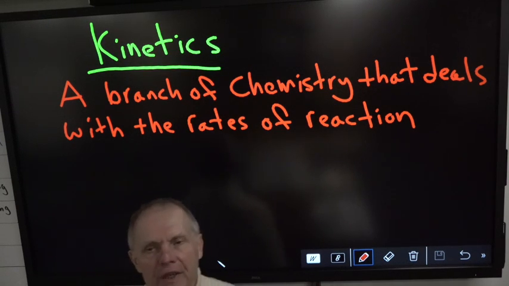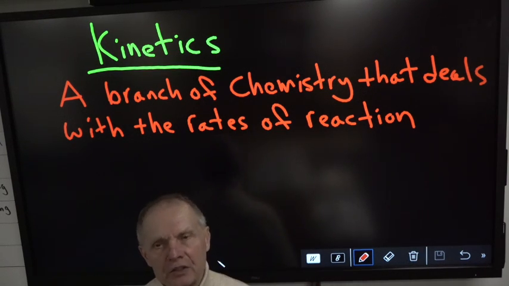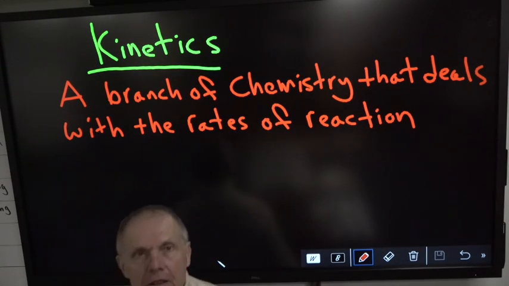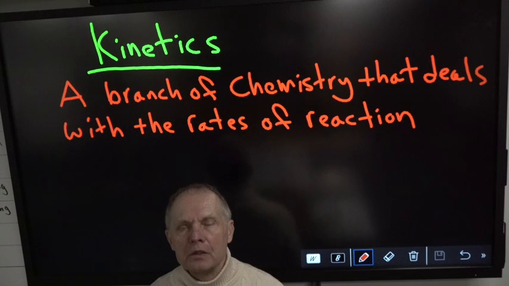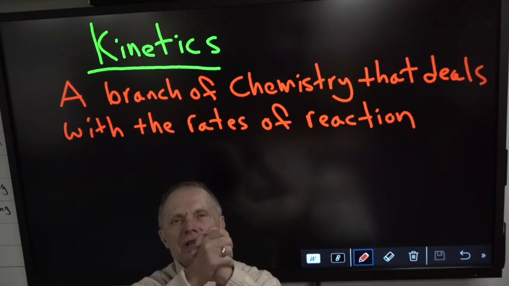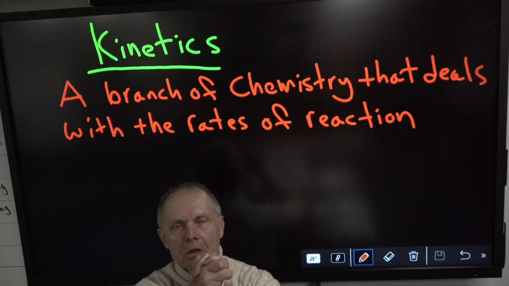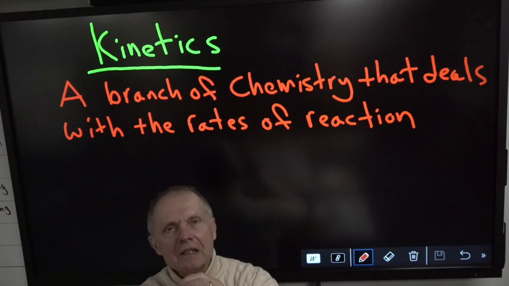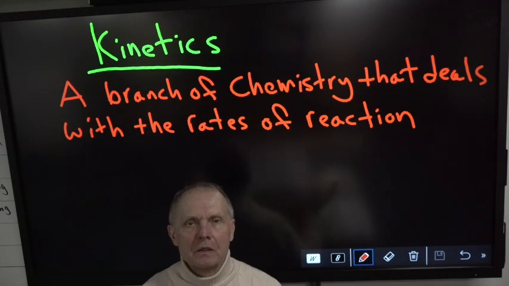Now, before we talk about the rates of reactions, we have to go back to the bonding chapter. And when I told you that when you make a bond, energy is released, okay? And if you want to break the bond, you got to put energy in to break the bond, okay?